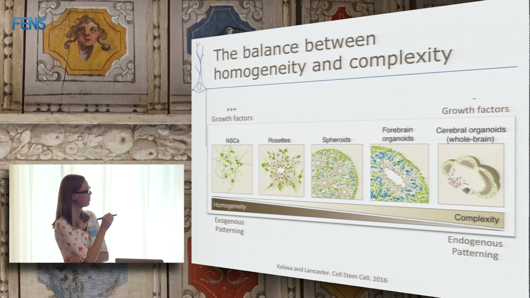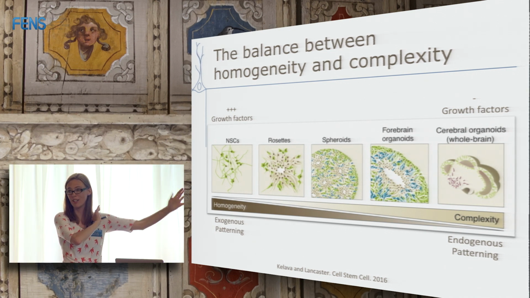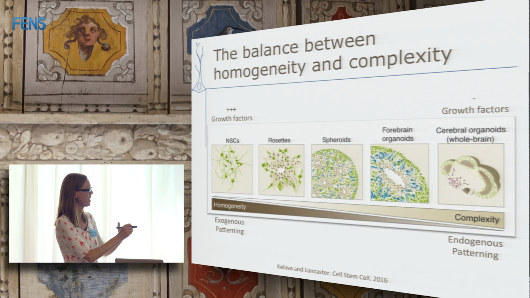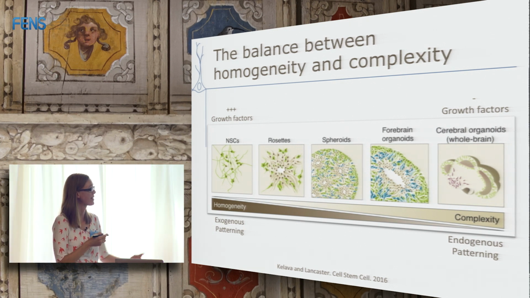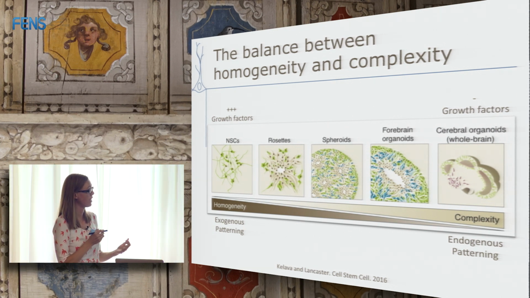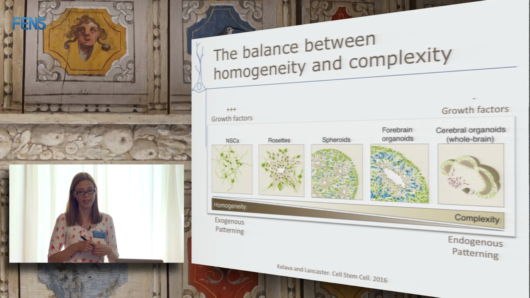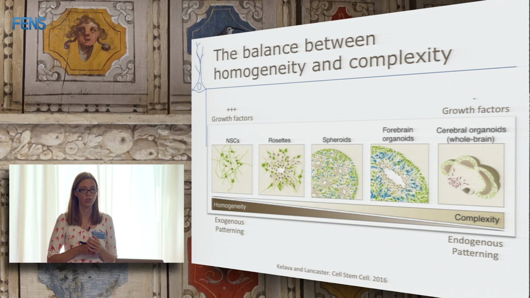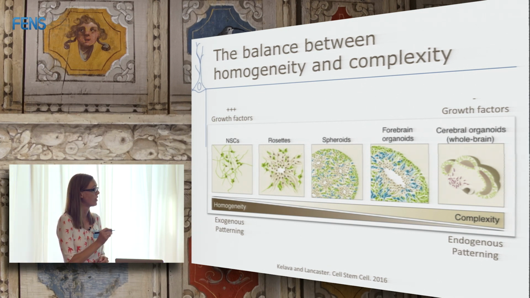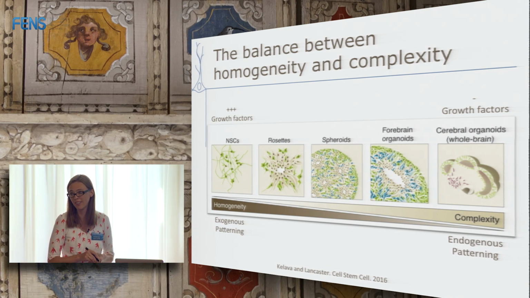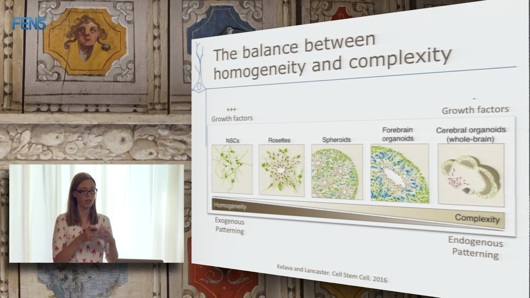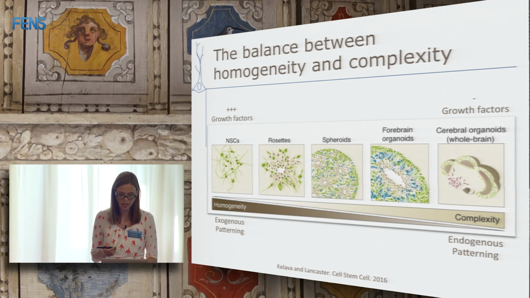So I'm not saying that one is better than the other, because I think it really depends on the question, and I'll come back to that. If you wanted to do some kind of screen or look at, I don't know, tens or hundreds of patient cell lines, organoids would not be the way to go because they are too variable.